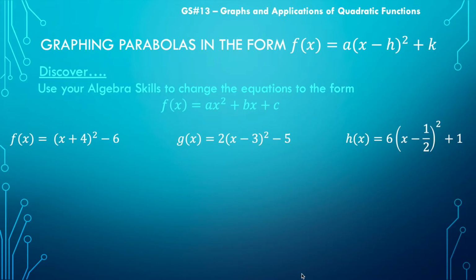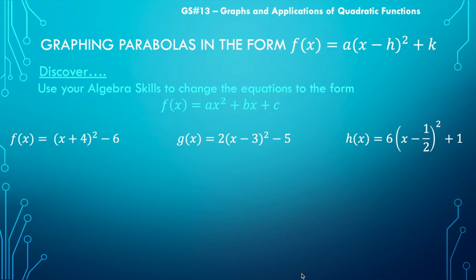Okay, so to begin this dialogue, we're going to do a little bit of a discovery kind of task. I'm going to walk you through the first of these examples, and you're going to pause the video and do the next two on your own, and then I'll quickly run through them, okay?